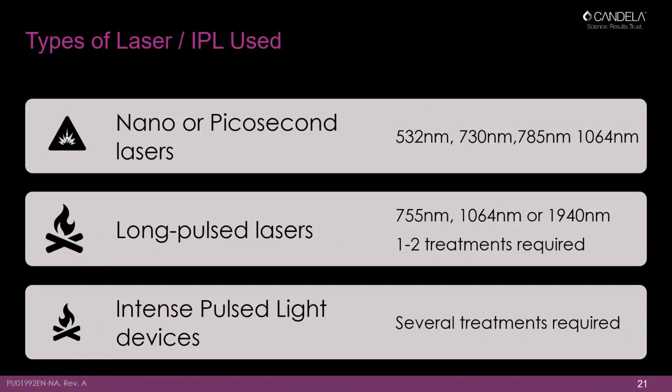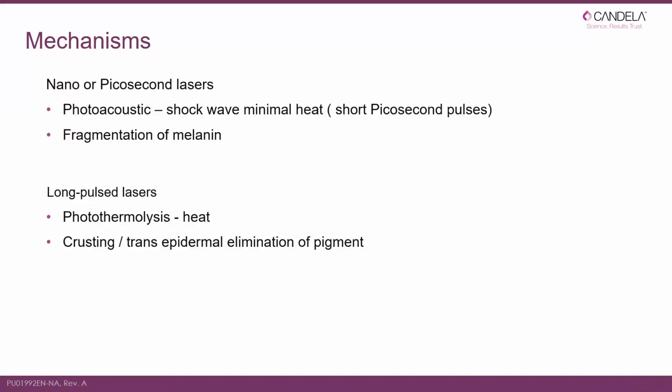So let's look a little bit more specifically at the mechanism of these different types of lasers. If we're using a nano or a picosecond laser, what we're actually doing here is using a photoacoustic effect, which is a shock wave with a minimal amount of heat.